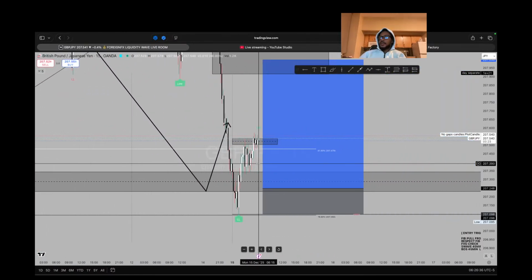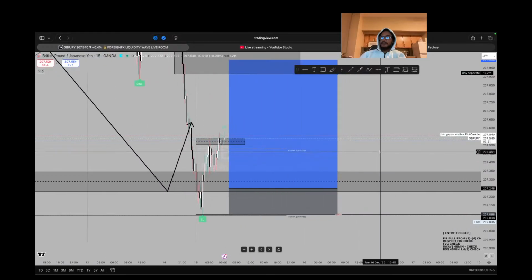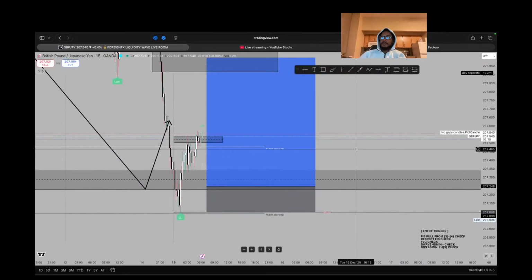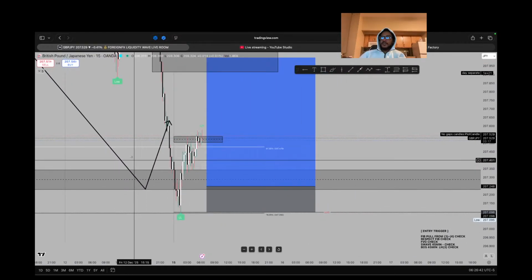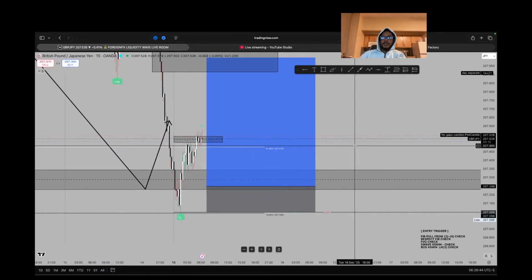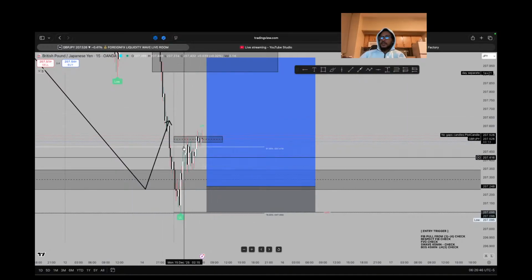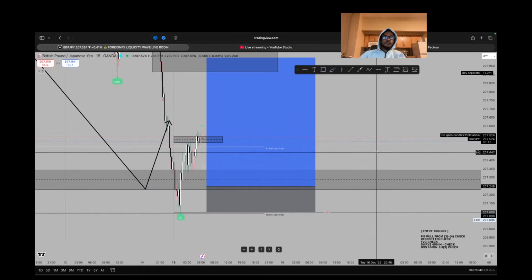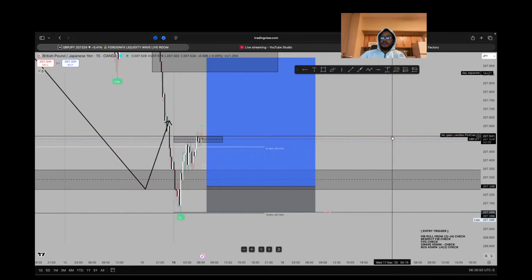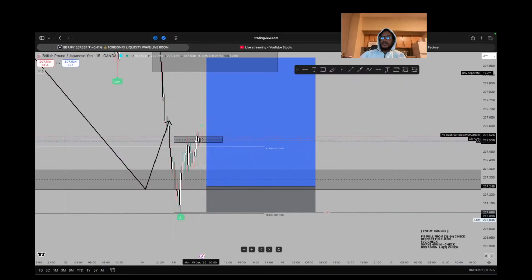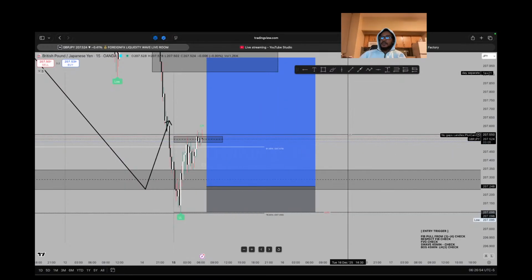Where price is sitting right now, basically ranging, literally we've been ranging, and it's inside a fair value gap.